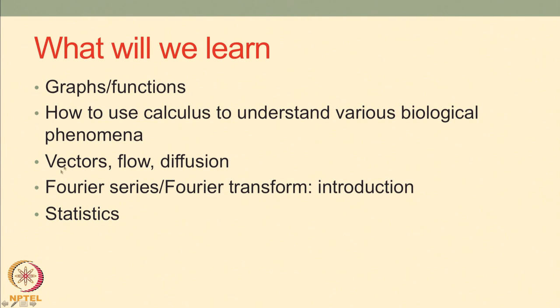We would then describe vectors, something with directions, for example, flow and diffusion. These are phenomena that we see around us, and we will describe how to use mathematics to describe them. And then we would have an introduction to Fourier series and Fourier transform.